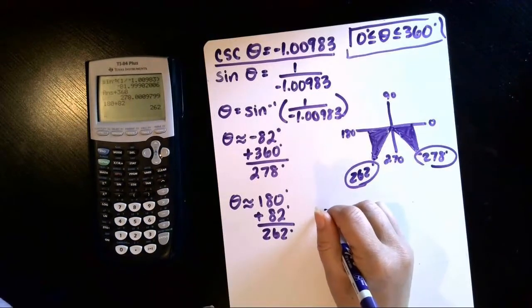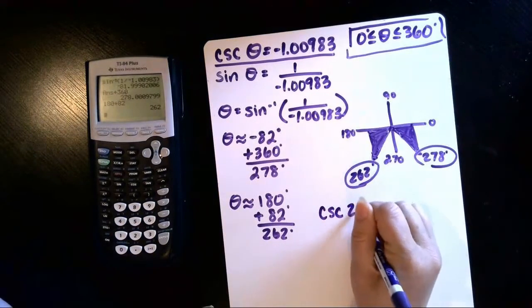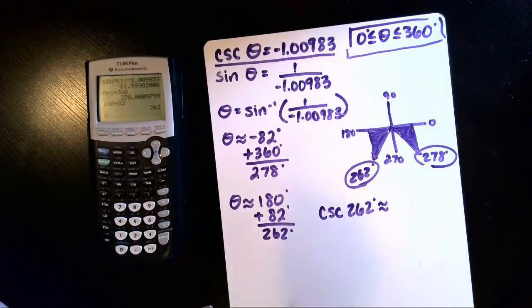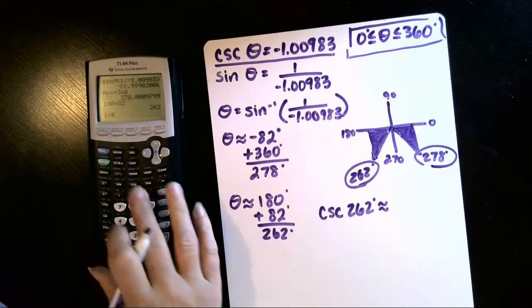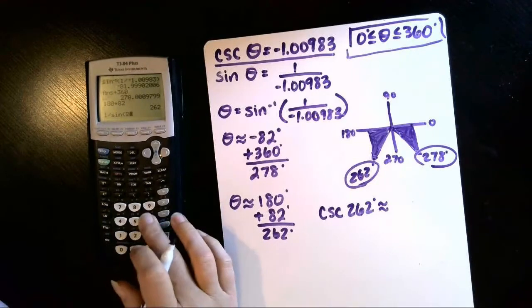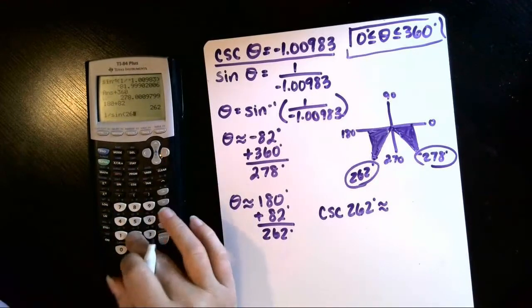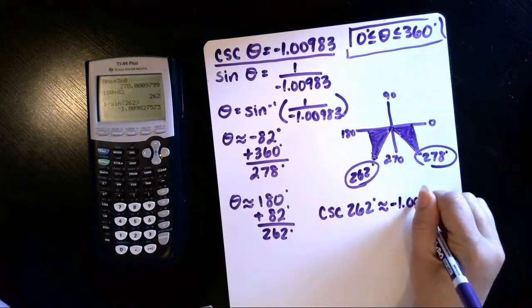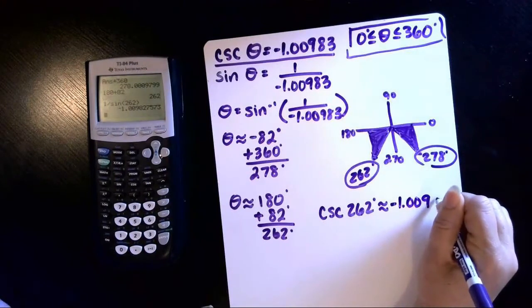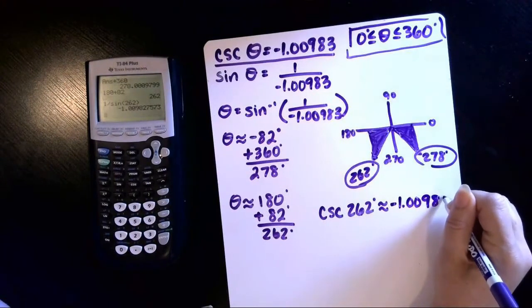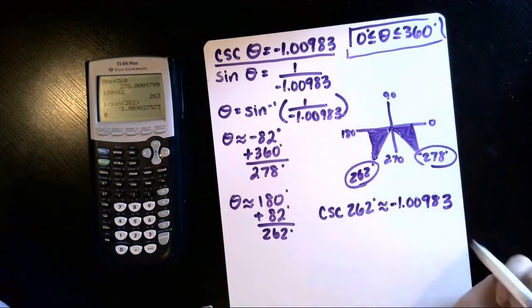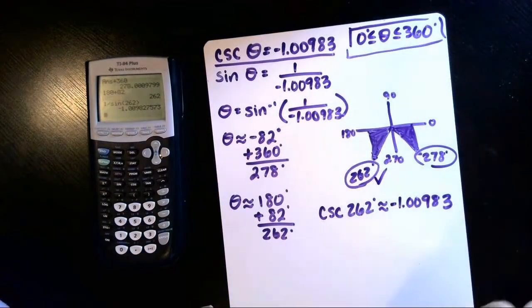So if we evaluate the cosecant of 262 degrees, cosecant is the reciprocal of sine, so we do 1 divided by the sine of 262, and we get negative 1.00983, and that's what we wanted, so they check. And that was the first one.